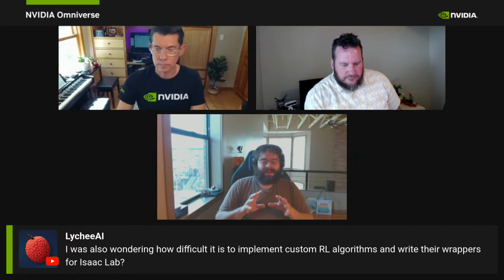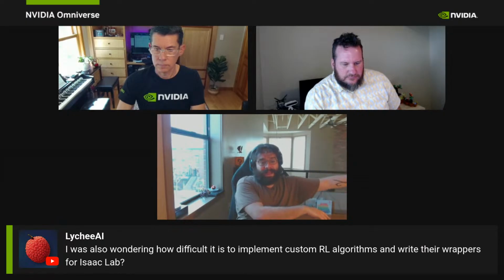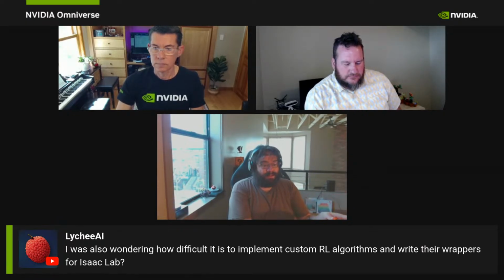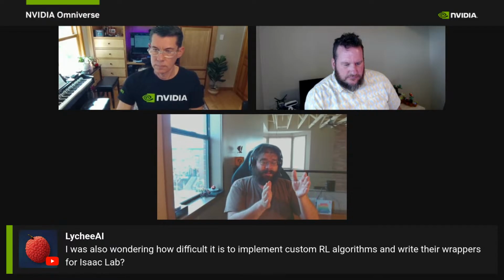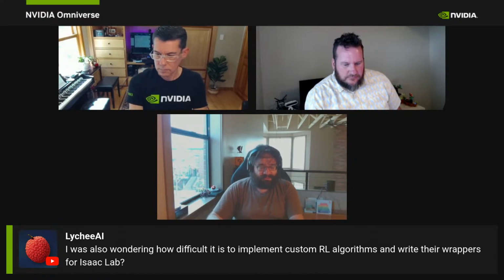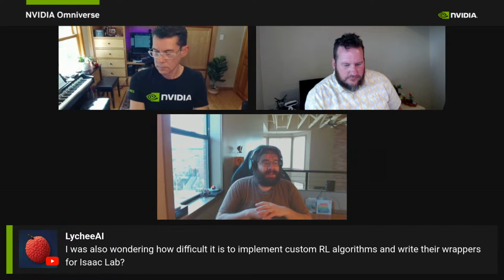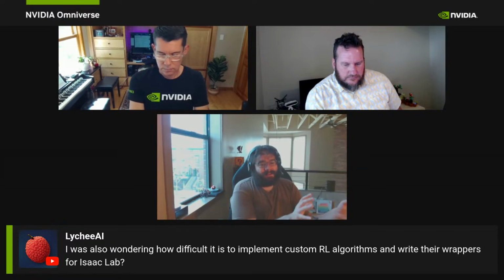Isaac Lab is being written so that we can take any RL algorithm backend and plug it in. So once you have a custom reinforcement learning algorithm implemented, the question becomes, how do I connect the managers to this algorithm? That would mean defining configurations for your action manager, your observation manager, and all the different parts that give you all the bells and whistles of Isaac Sim. But you need that custom RL framework first.